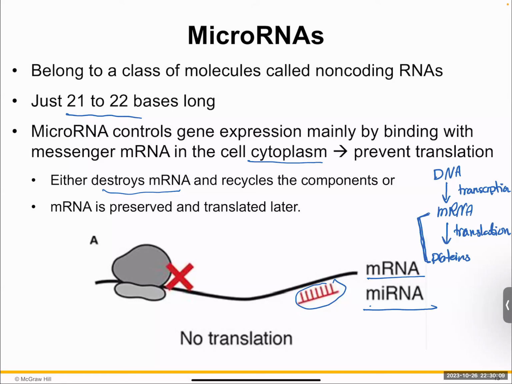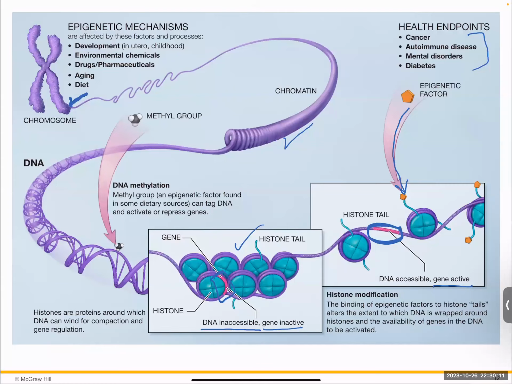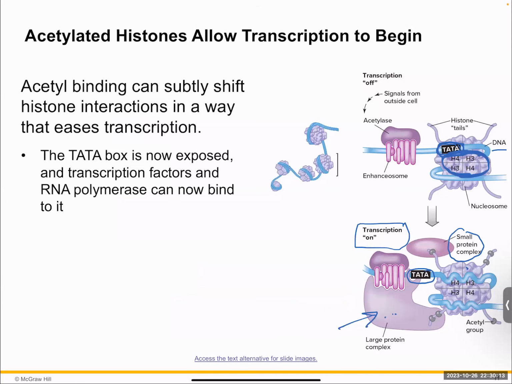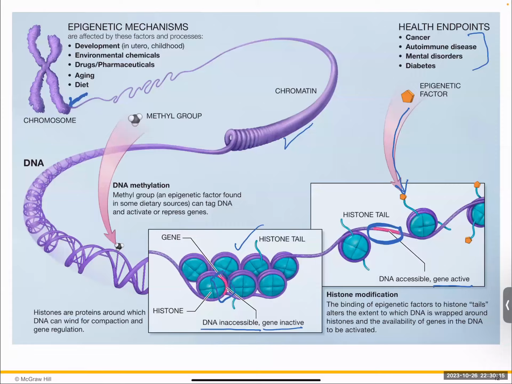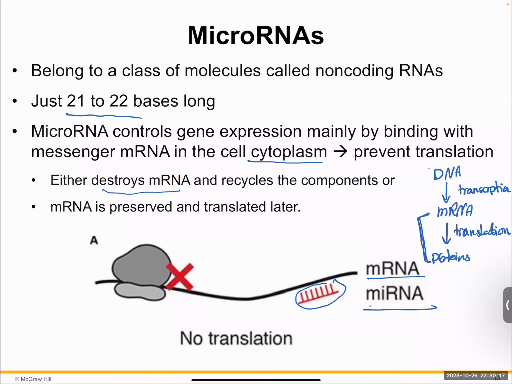But for the previous scenario, when we were talking about acetylation, we're focusing on this portion of the process, where DNA needs to be available so we can transcribe it and eventually undergo the process of translation.